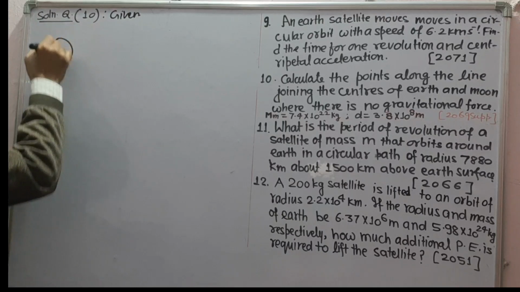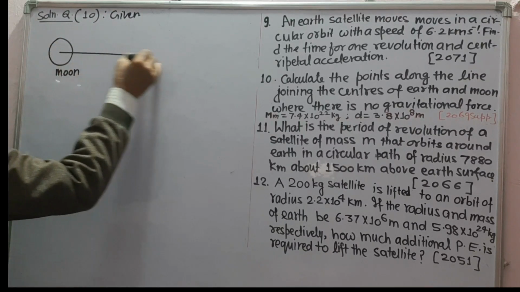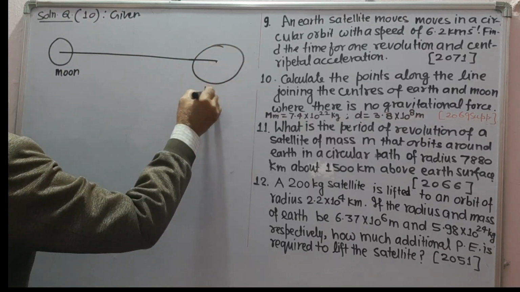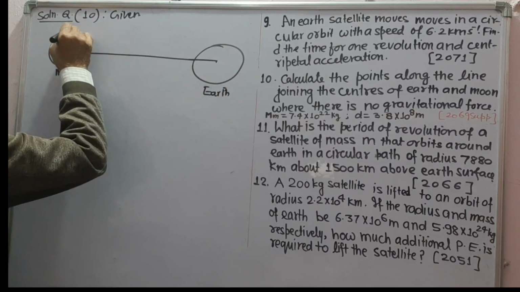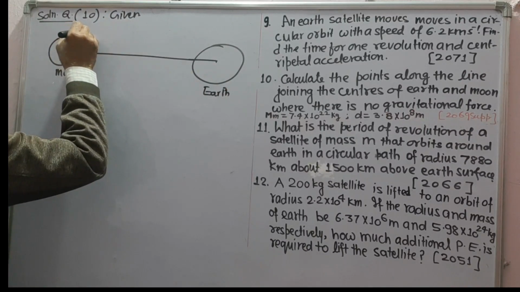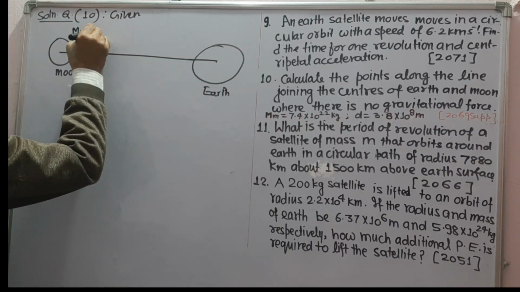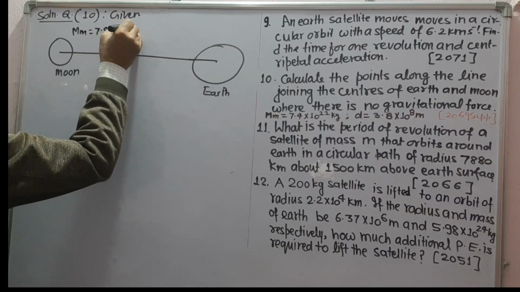Suppose this is Moon and this is Earth. Mass of Moon is given to be 7.4 into 10 to power 22 kg.